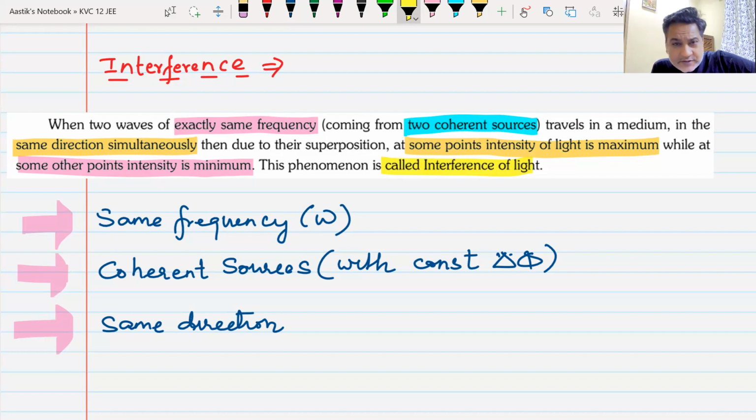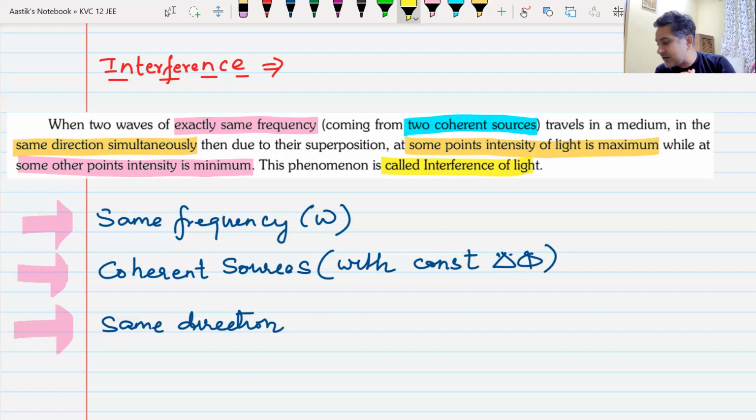Interference is a type of superposition, but in superposition we can have two waves of different frequencies, traveling in different directions. Here, two waves, same frequency, constant phase difference, traveling in the same direction. We have put three conditions here. That is the difference between superposition and interference. Do we understand this?